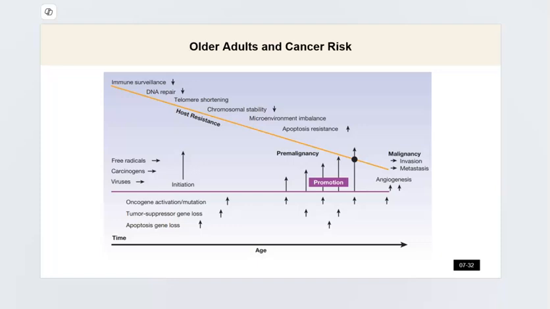So initiation, you can see there with the arrow, that's of the altered phenotype with increased cell proliferation. Then we have the accumulation of additional gene alterations, which ultimately leads to promotion of the transition to malignancy with gradual acquisition of invasive and metastatic capacity, and the tumor will continue to expand. All the while, these things are occurring against the natural backdrop of declining host resistance.